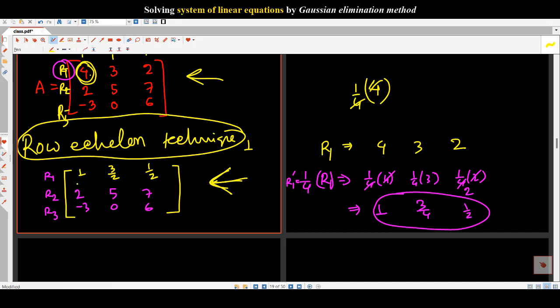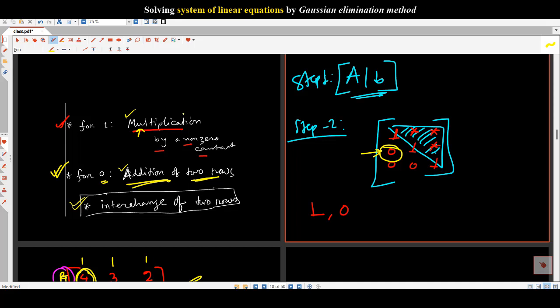Now let's say we have here 2, but my target is to make 0 here. For making 0, we have to do additions of 2 rows. But remember that additions should be done with the leading row. So what is a leading row?